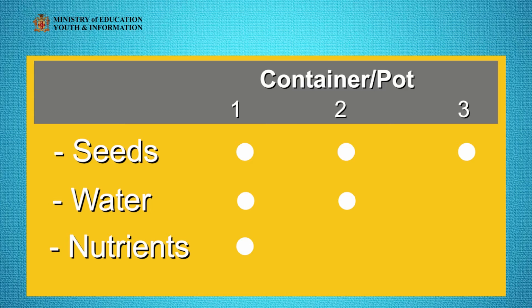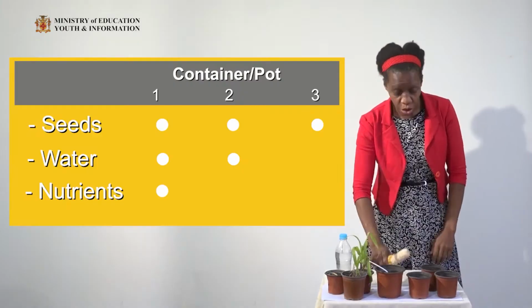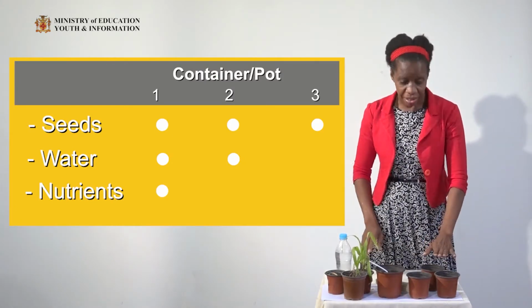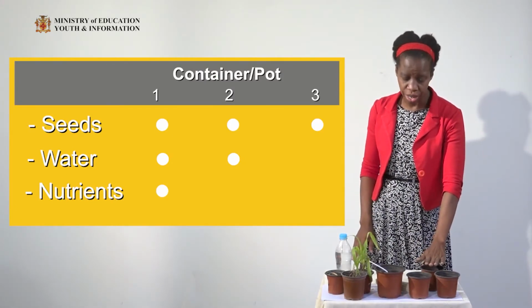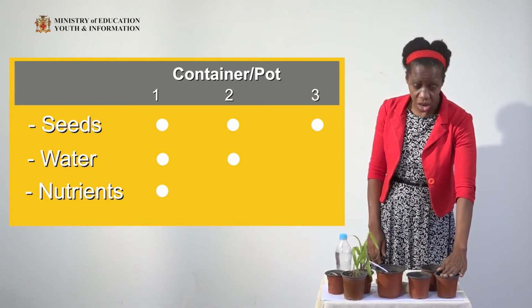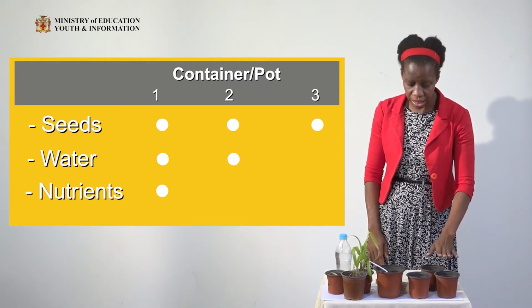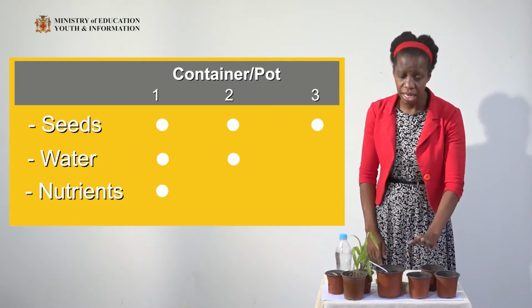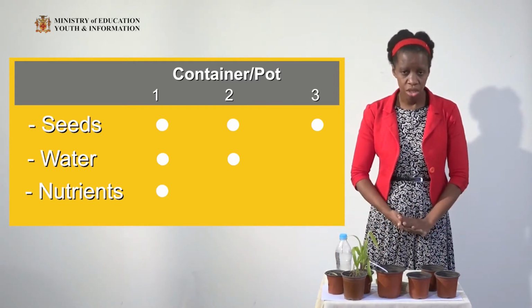We would have used the same type of container, same amount of soil, yes, same number of seeds of corn. We would have added water and nutrients to 1 container, water to another container, but no nutrients, and the 3rd container, we would not add water at all.